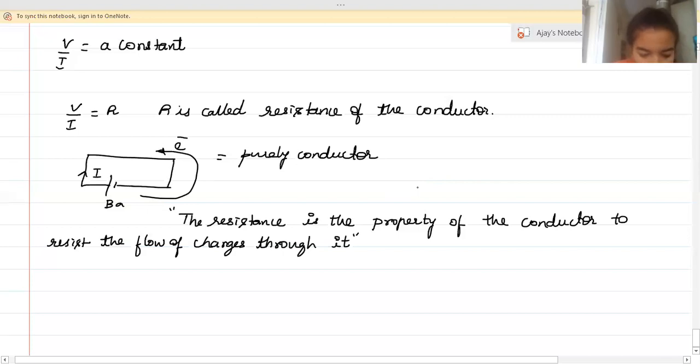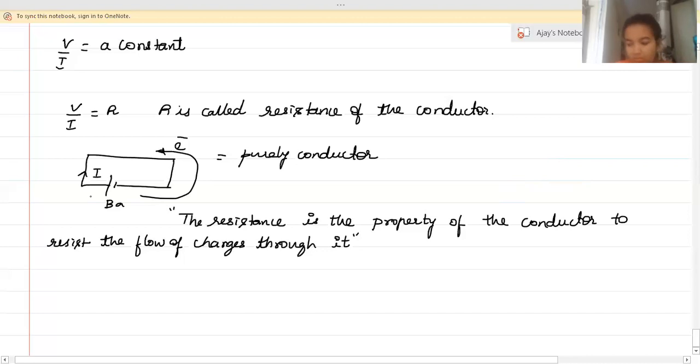You can find Ohm's law in your textbook, right? Down the same page, the last para, last second line: the property of the conductor to resist the flow of charges. It continues to the next page also. Okay, fine, you can read that later.